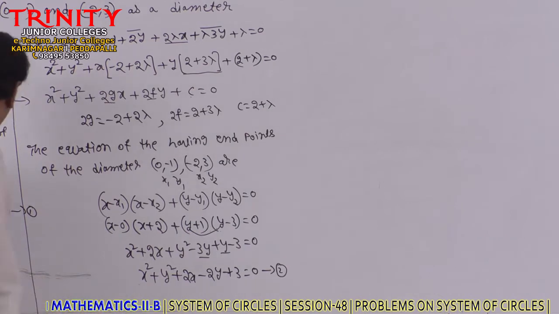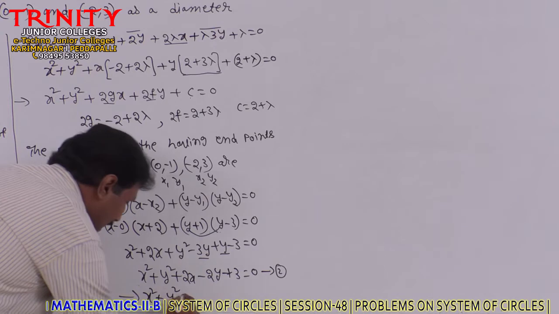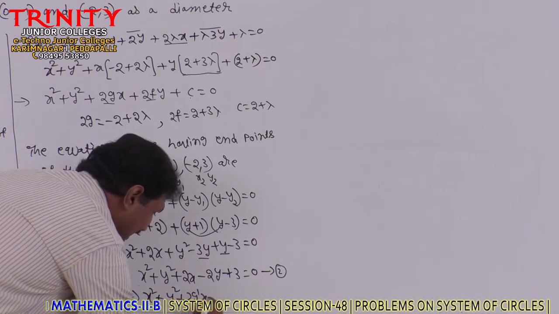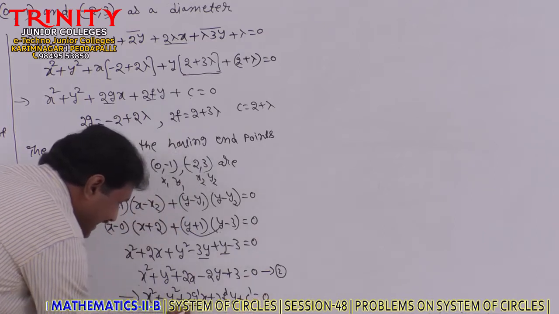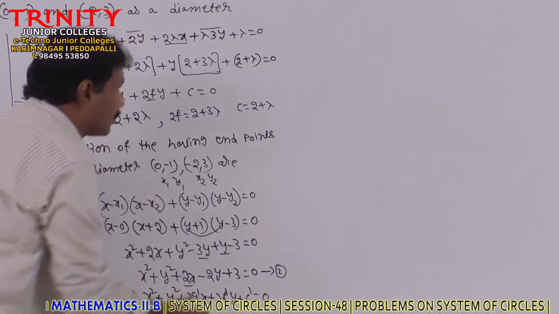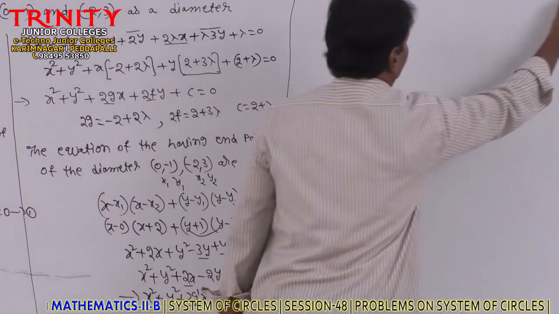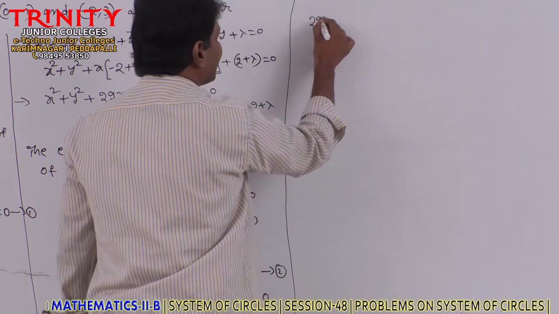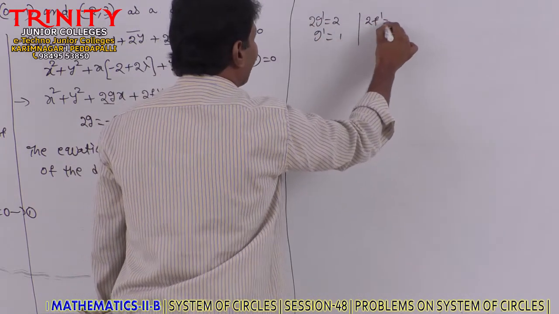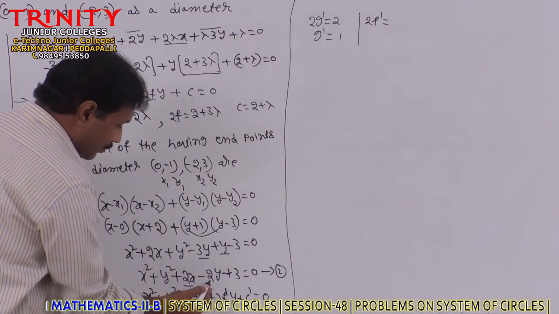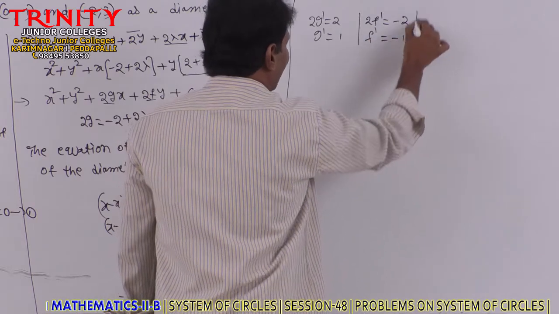Comparing this with the general form x squared plus y squared plus 2g'x plus 2f'y plus c' equal to 0. Here the coefficient of x, 2g' equals 2, so g' equals 1. The coefficient of y, 2f' equals minus 2, so f' equals minus 1.